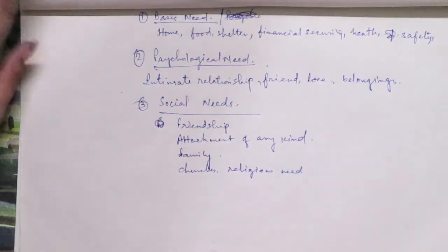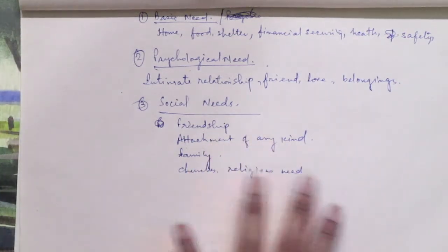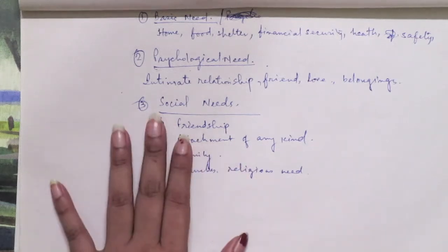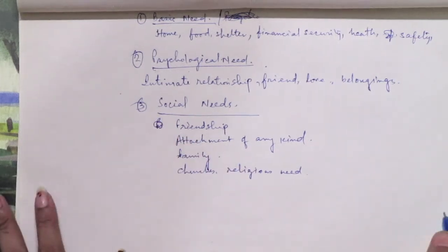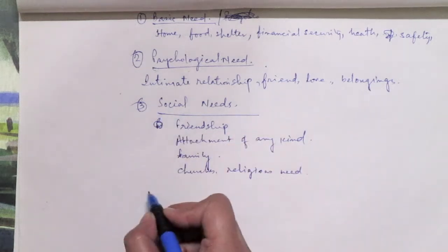We go to temples, we go to mosques, we go to churches, all these are our religious needs, and our religious needs fall in the category of our social need. To be a social animal, we have to fulfill our social needs.